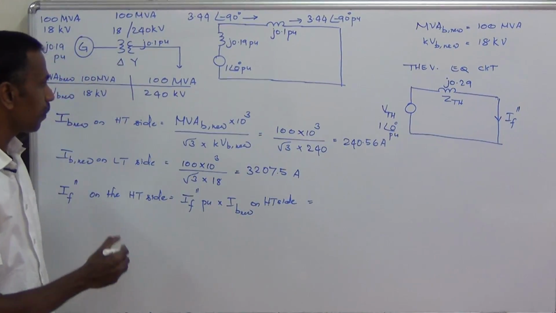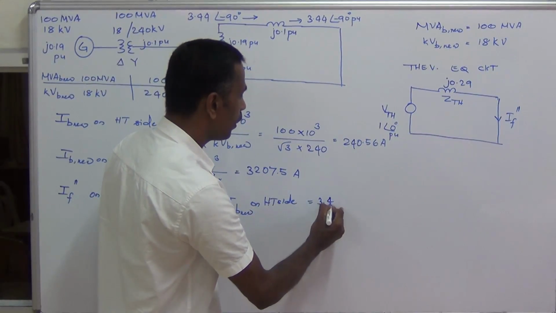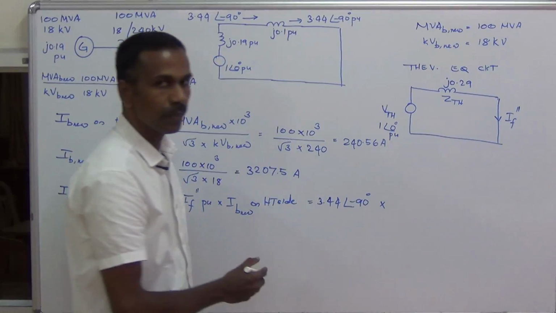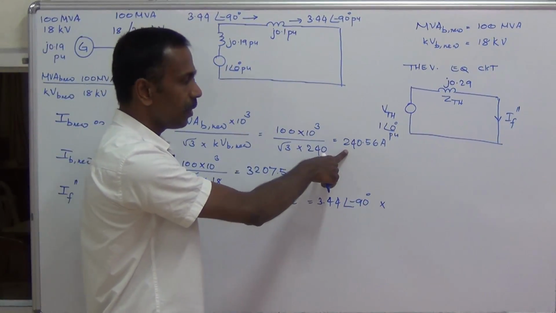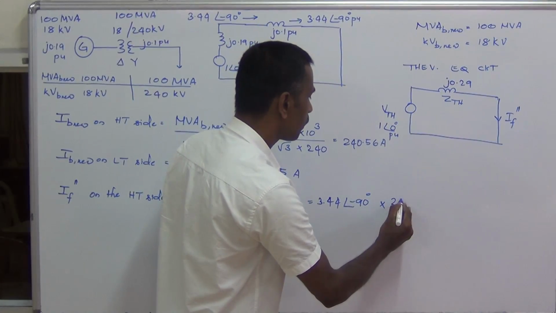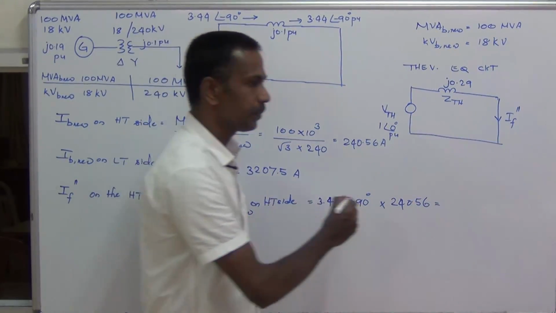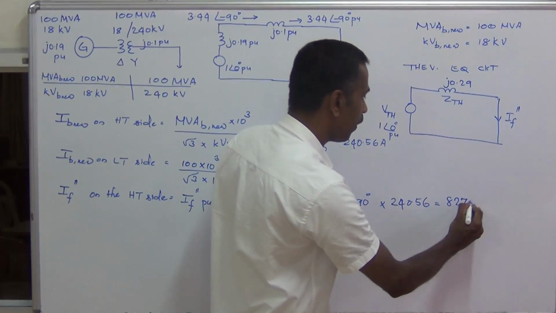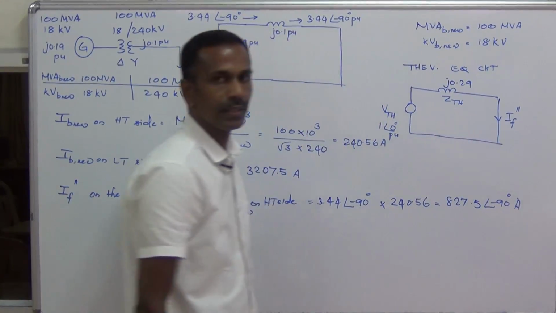This is equal to 3.44 angle minus 90 into the base current on the high tension side, 240.56. So this is equal to 827.5 angle minus 90 degree amperes.